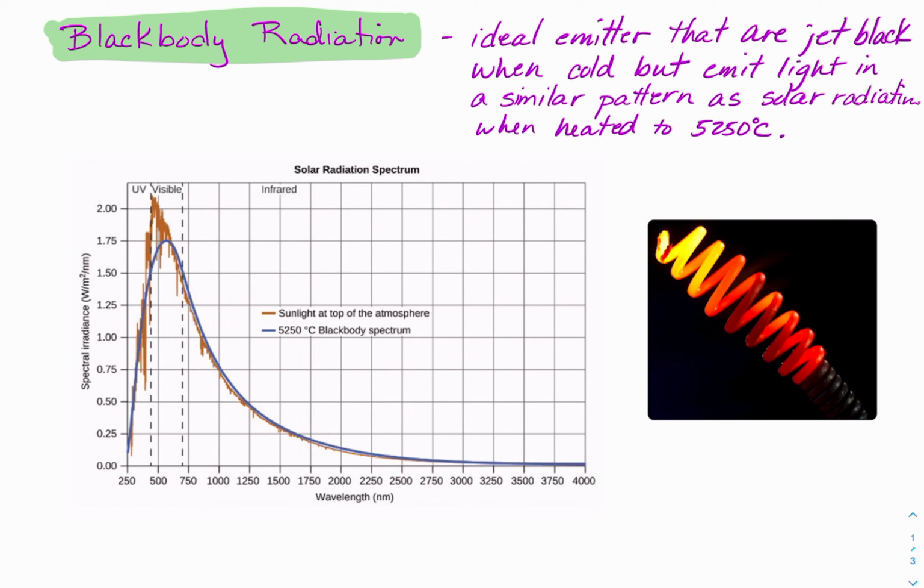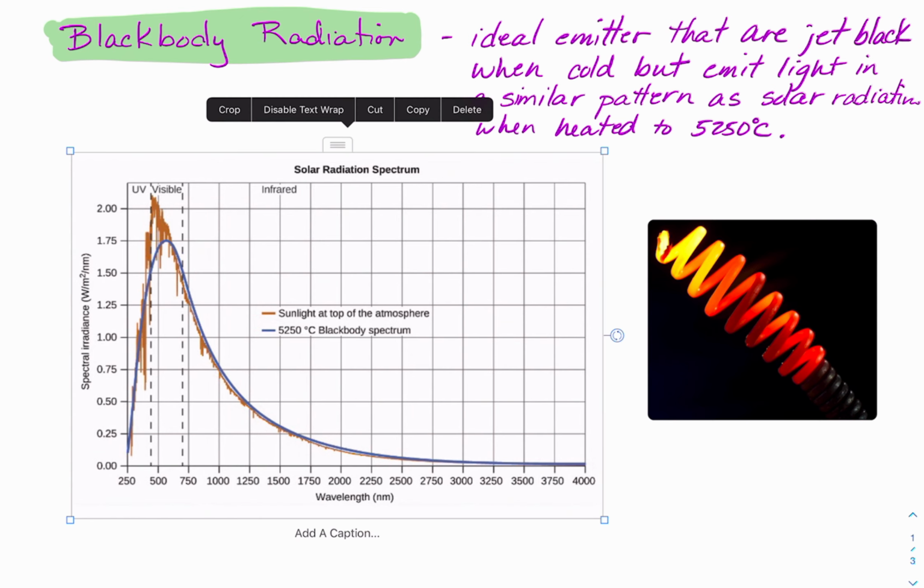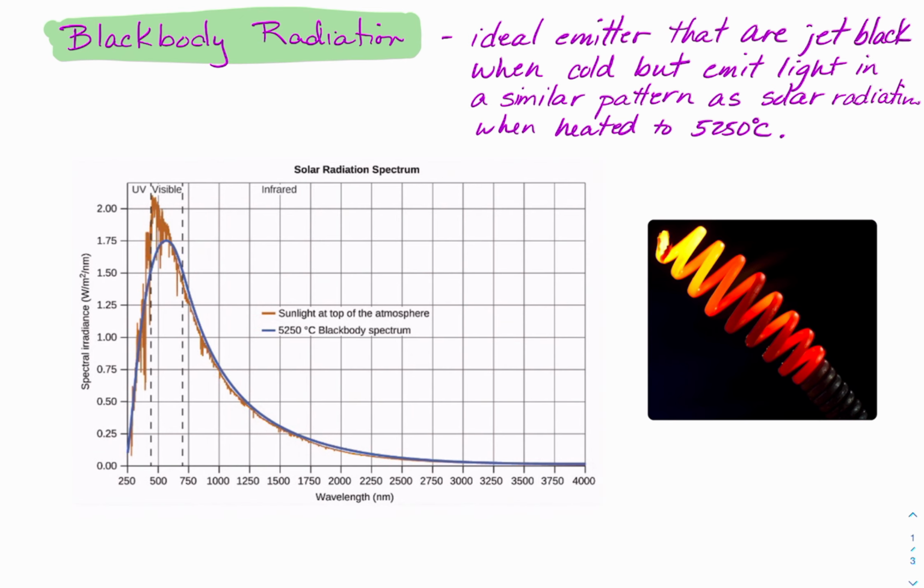And this spectrum, the solar radiation spectrum that you see on the left-hand side of the screen, is this little gold-colored line that you see here. If you take light from the sun, the wavelengths are in the infrared spectrum, the visible spectrum, and the UV.